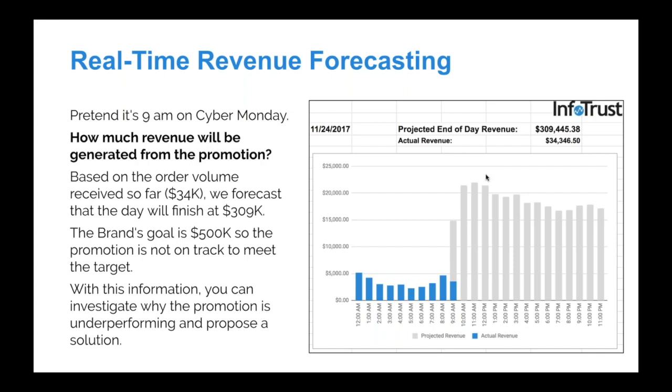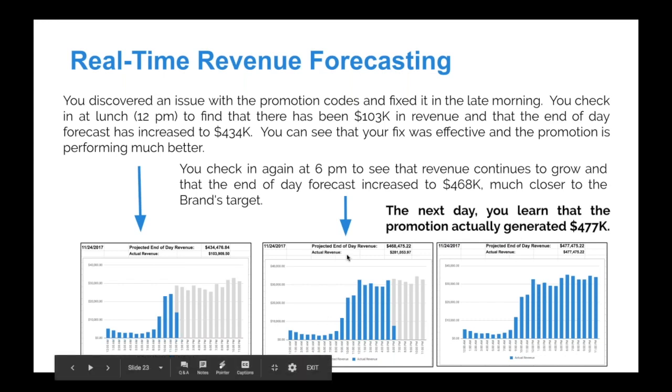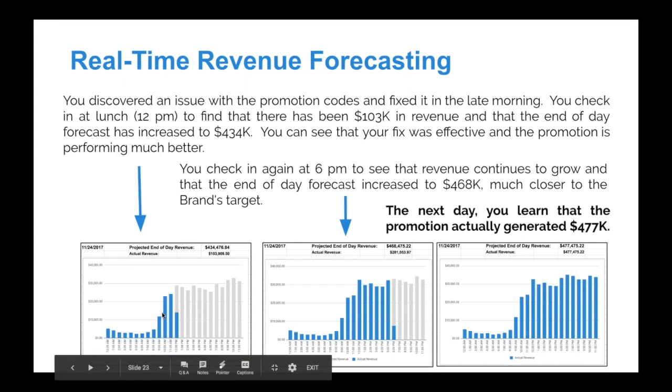Learning this at 9 a.m. allows the analyst time to do some investigation and propose a solution to recover the day. So perhaps there was an issue with the promotion codes that was able to be fixed in the late morning. And then you can see, by checking in throughout the day, how performance was recovering. Perhaps around noon, things are starting to scale back up.